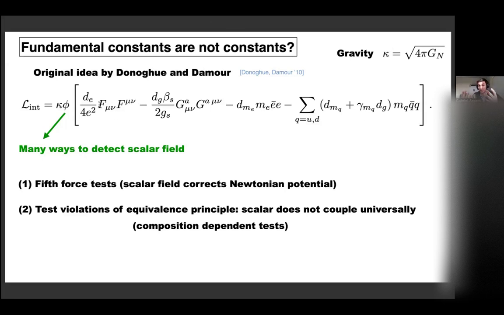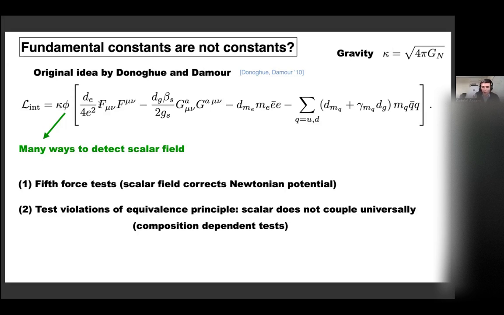Here you explicitly see that there are many couplings for many different types of matter between the scalar and the standard model matter. And this is exactly what is meant by breaking of the equivalence principle, in the sense that if you could measure the relative acceleration of two bodies made of different types of matter, there would be differences due to the force that the scalar field makes, and you could bound these couplings by doing this.